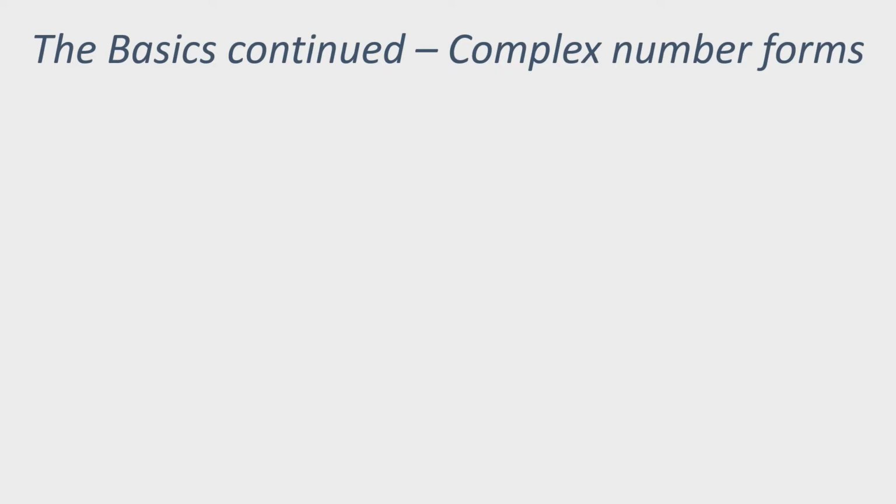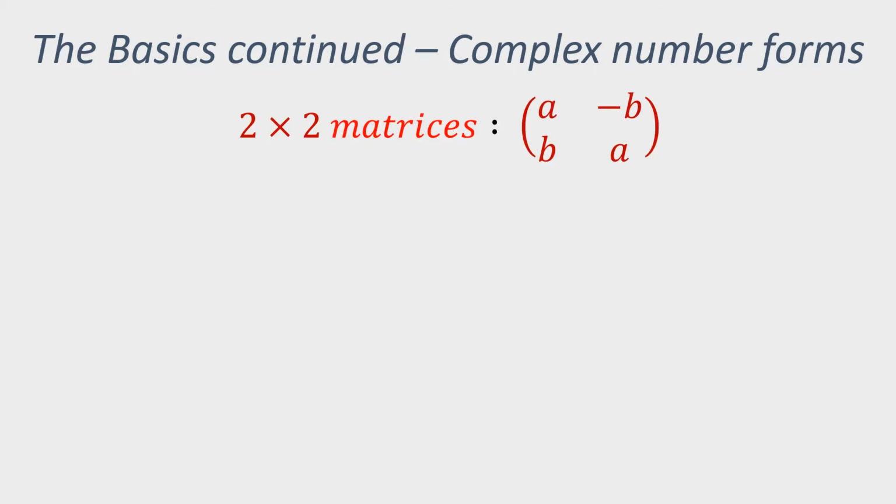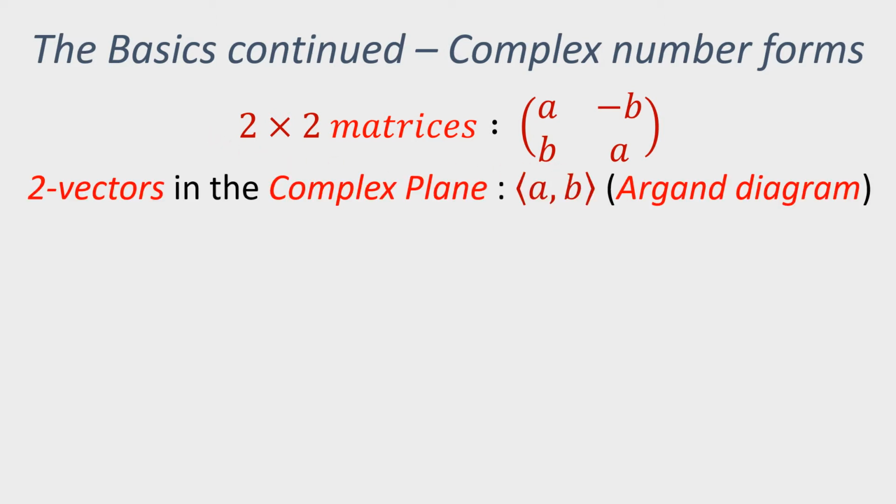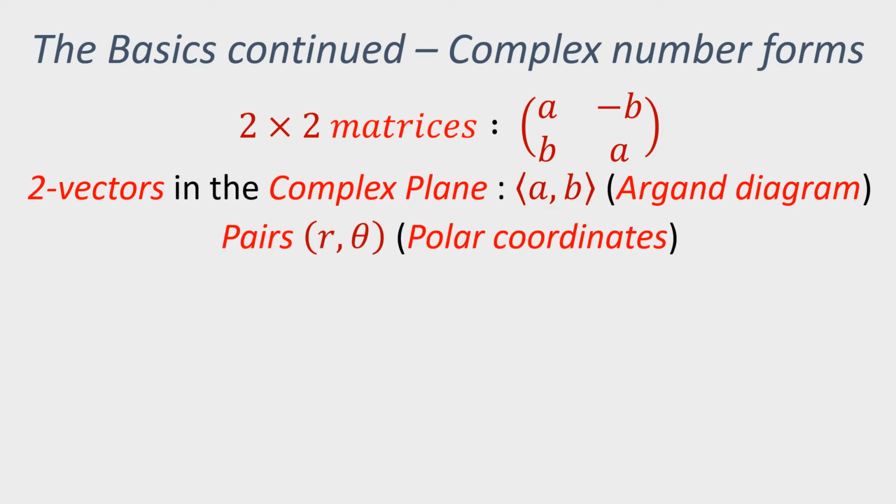So, just to continue, review of the basic elements, the number of forms we can use to represent complex numbers. So we have structures such as this 2 by 2 matrix form. We can think of them as two vectors in this object called the complex plane through this mechanism which is called an Argand diagram.